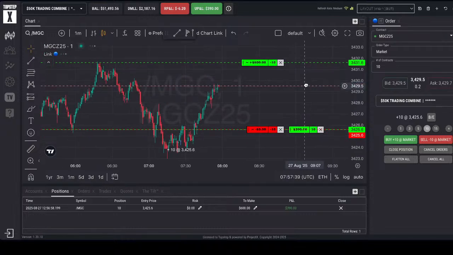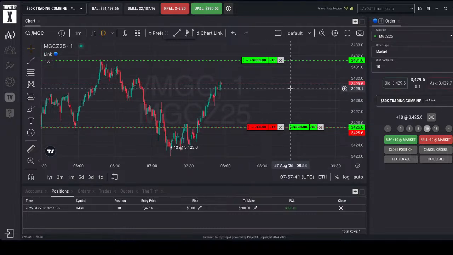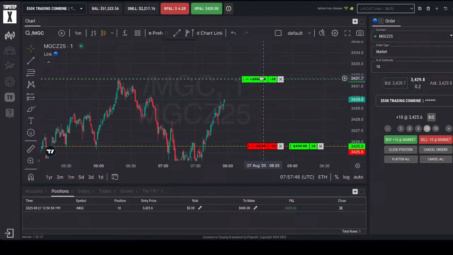We are waiting for the price to come back down.